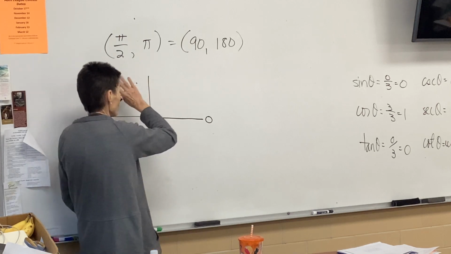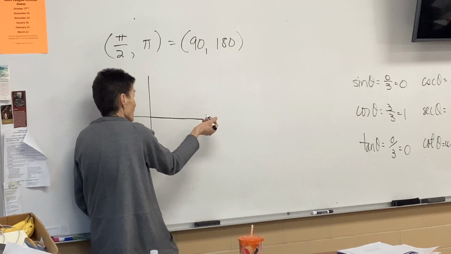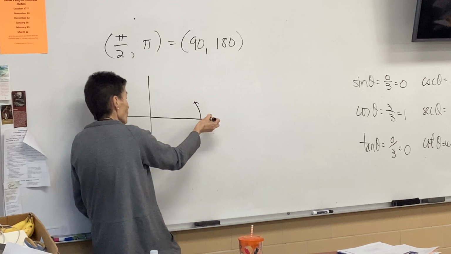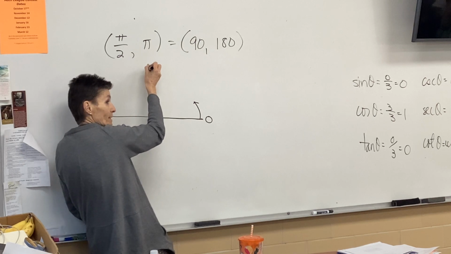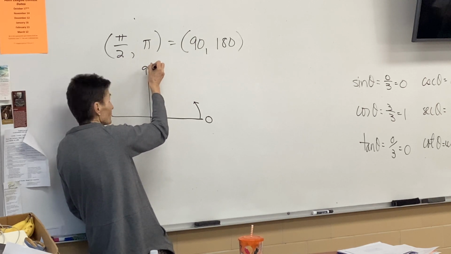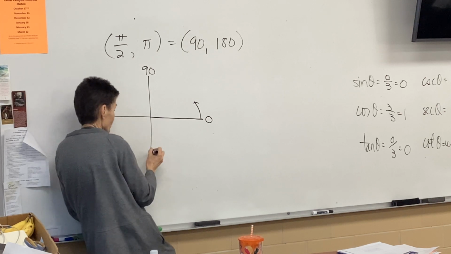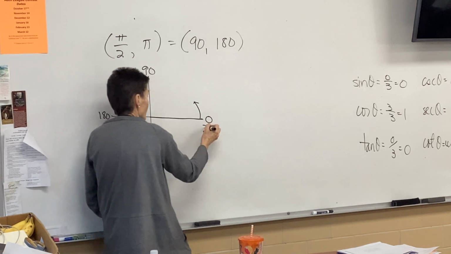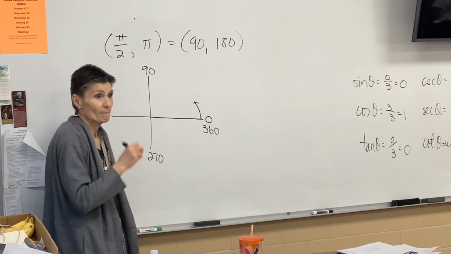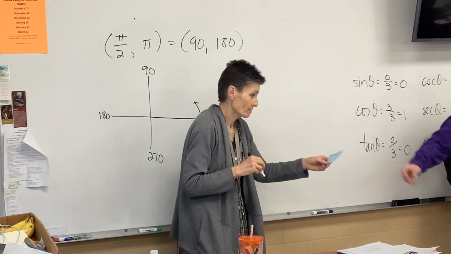But when we're just doing straight trigonometry, this is 0, and we go this way, counterclockwise. So if this is 0, this would be 90, and this would be 180, 270, and then back around to 360. What do you think about that? Does that work for us?